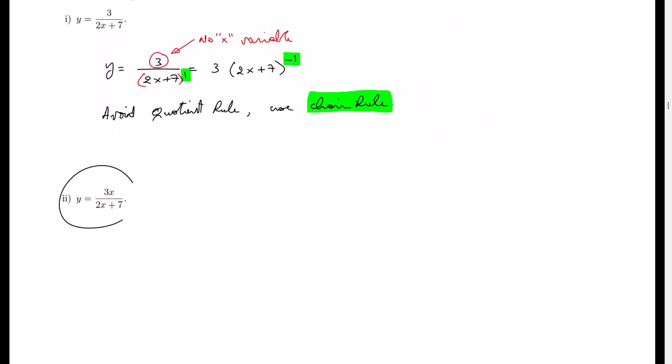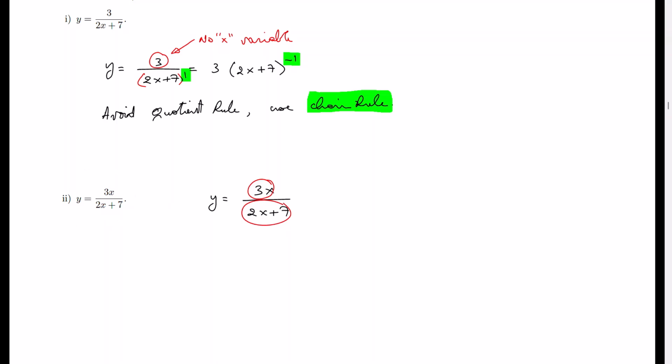Now, for the second part, we have y equal to 3x over 2x plus 7. Here, there is no way to avoid the quotient rule. We have variables in the numerator, we have variables in the denominator, and they cannot be reduced. They cannot be divided out or anything.